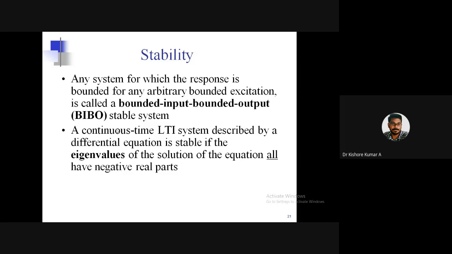Now see, a continuous time LTI system described by a differential equation is stable if the eigenvalues of the solutions of the equation have negative real parts. In the equations, if we determine the imaginary and real parts, the equation should have negative real parts.